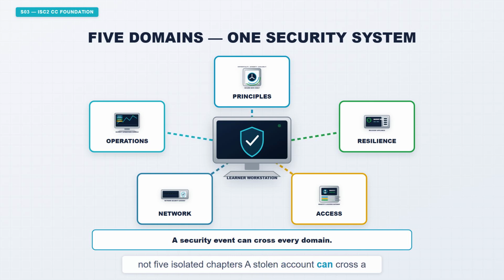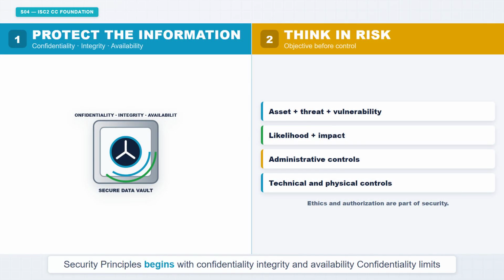A stolen account can cross a network, interrupt a service, trigger incident response, and test the organization's recovery plan. Security principles begins with confidentiality, integrity, and availability. Confidentiality limits information to authorized access. Integrity protects accuracy and trustworthy change.